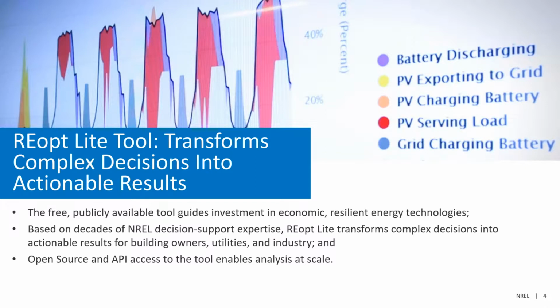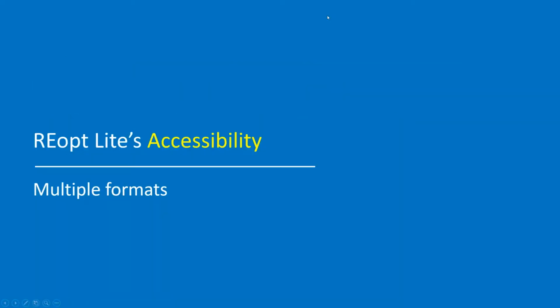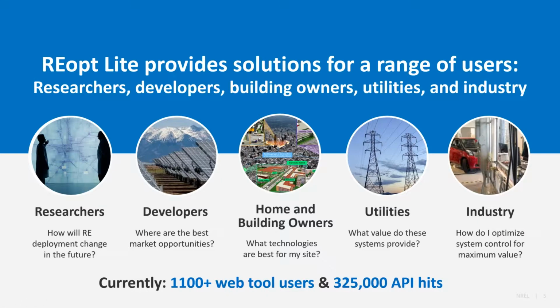So in terms of what REopt has been able to accomplish so far, it's being used by a variety of users, including developers, utilities, researchers, industry, and building owners, and all of them are using it to answer different types of questions, or different nuances of the same question: how does installing a set of technologies behind the meter impact the customer itself, or how does it help the utility, or what value do these systems provide to distribution system operations, or, for site owners, how do we optimize the system control or dispatch of these technologies to derive the maximum value out of the renewable energy technologies installed on site.